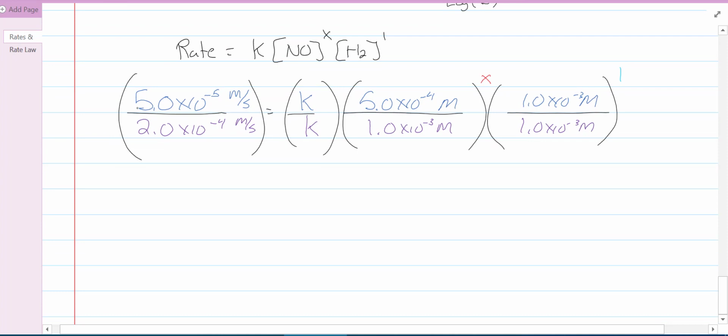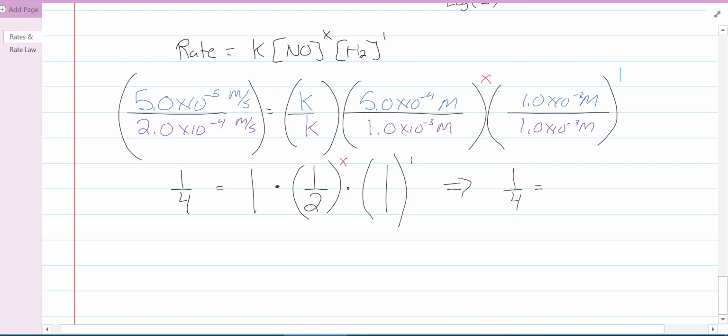If I do this in my calculator, that's 1 over 4 equals 1 times, that happens to be 1/2 to the X power times 1 to the first power, which goes to 1 over 4 equals 1/2 to the X power. So X, of course, if you can do it in your calculator, X equals 2.